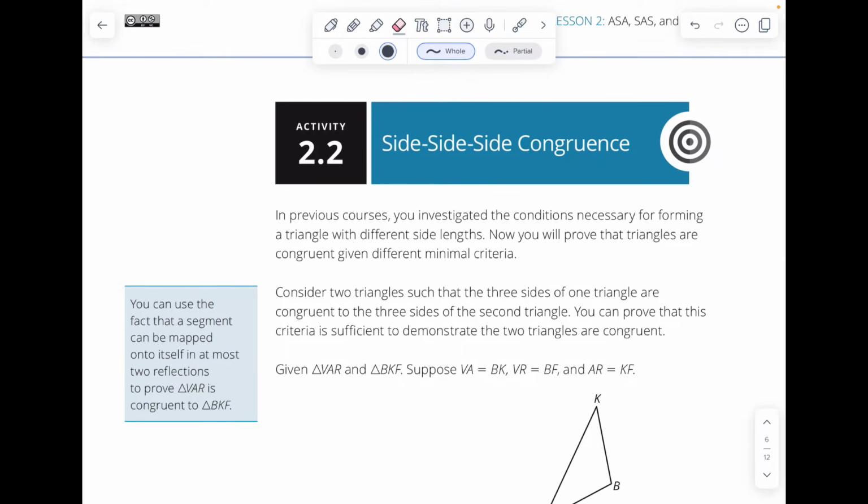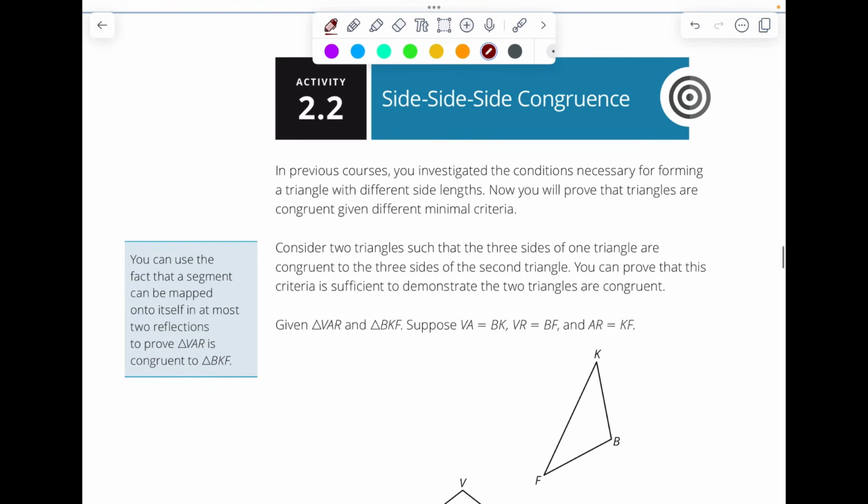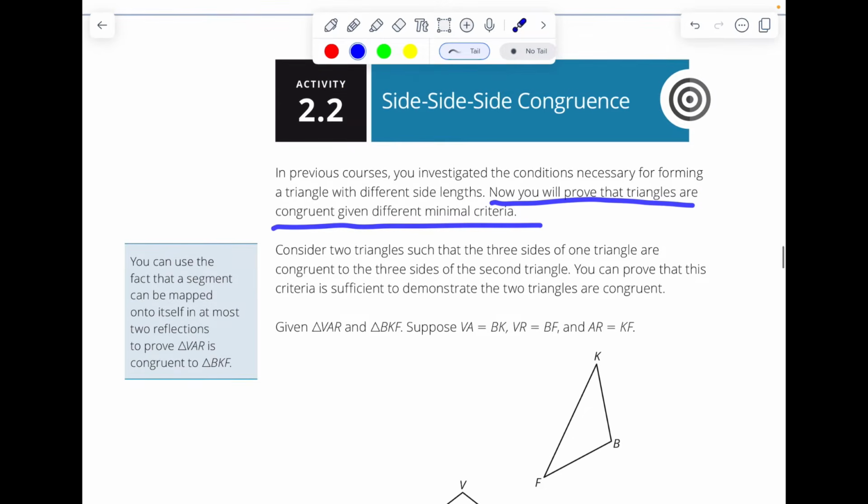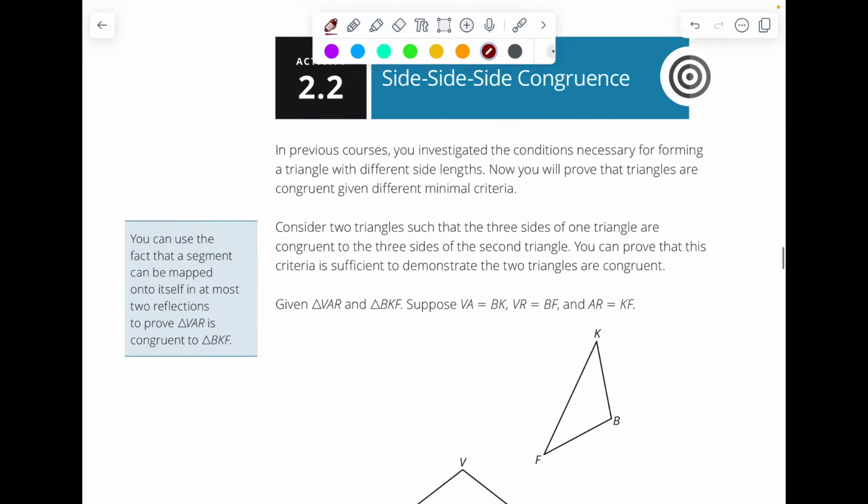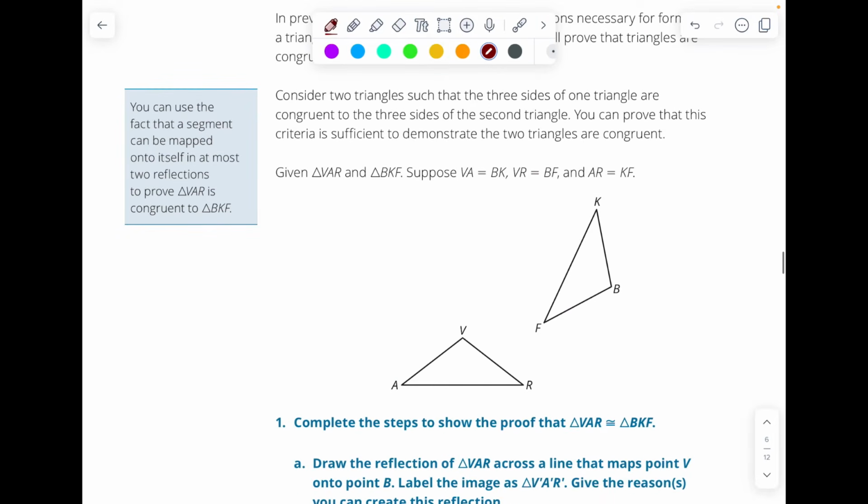Now we're going to take a look at the first theorem, which is the side-side-side congruence theorem. We're going to be proving that triangles are congruent given different minimal criteria. The first minimal criteria is using the side lengths only, not the angles. So we have these two triangles right here.